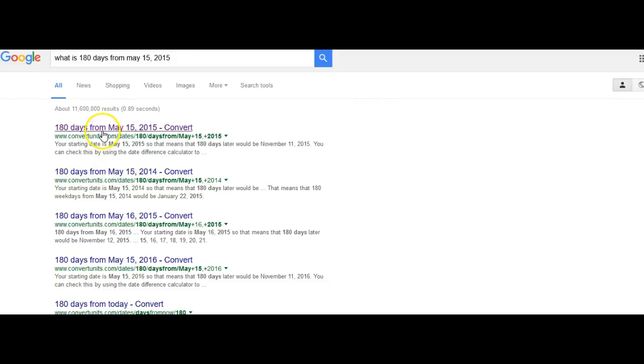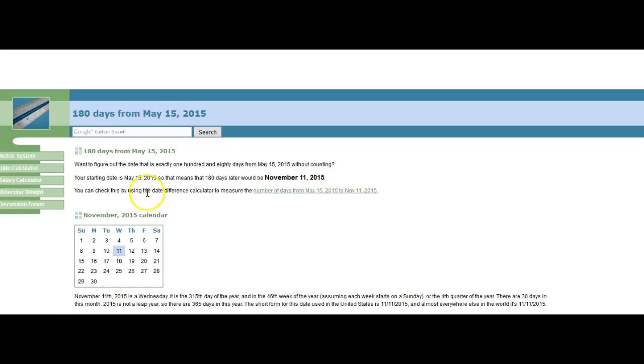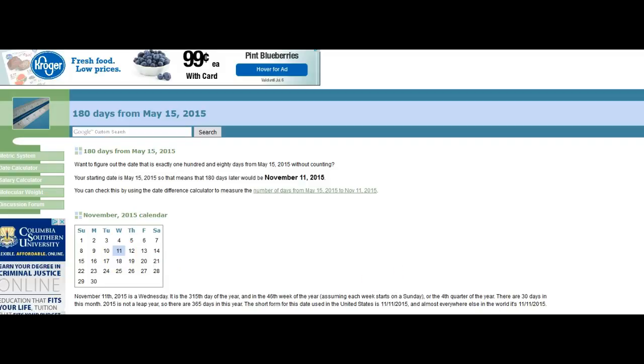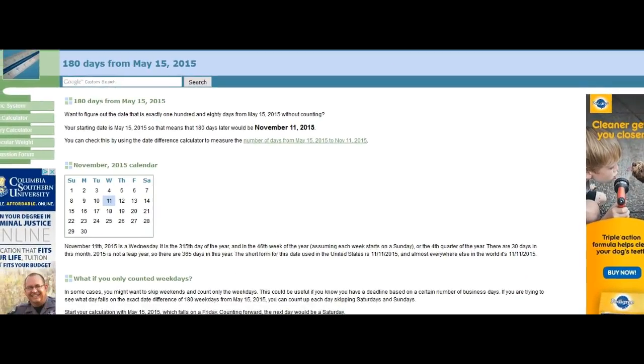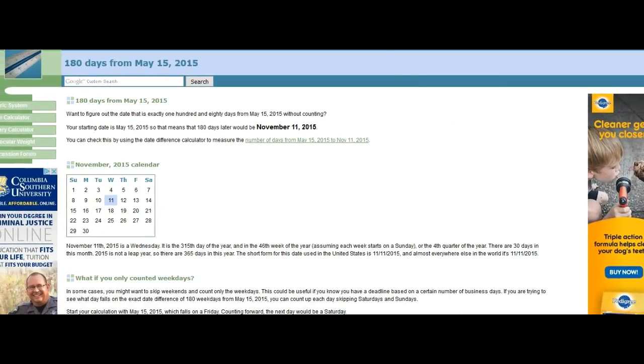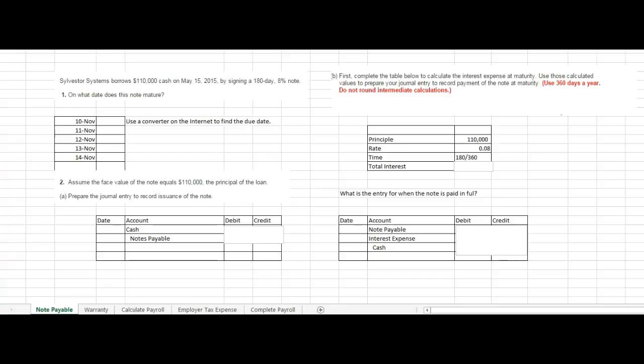And then if you click on 180 days, it's going to tell you it's November 11th. You could also do this manually by using the book. The book gives you a very good schematic, and I think I showed that to you in the overview also. So we would find that it is due on November 11th, 2015. Easy way to do that.